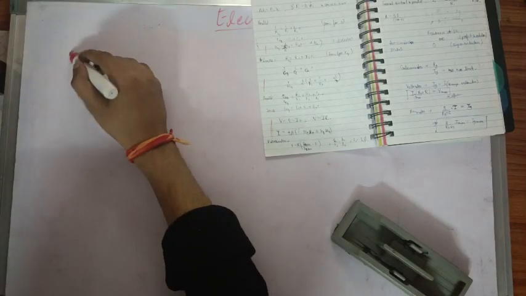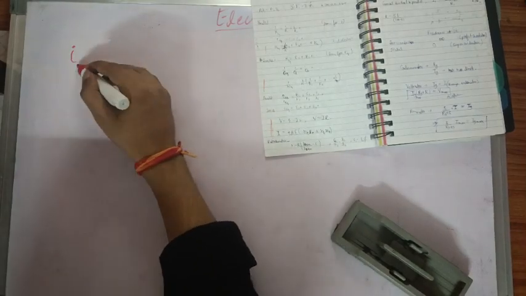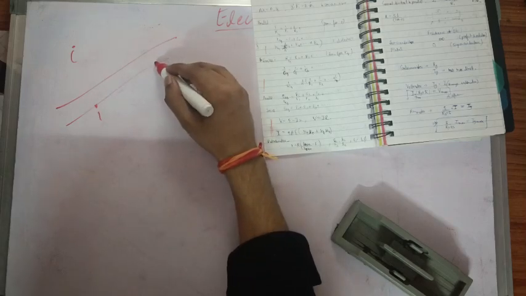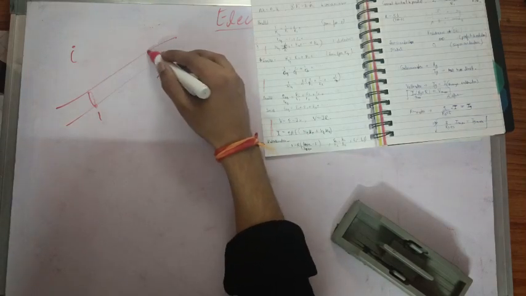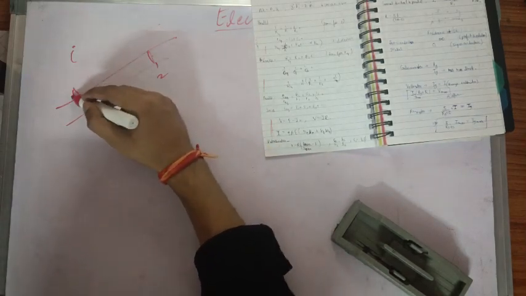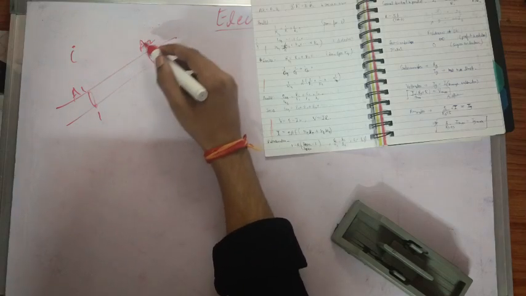Now next thing, this is simply that the current cannot accumulate. So the current I in a circuit, let's say this is cross section 1, this is cross section 2, then the area of this cross section is, let's say, A1 and this is A2.